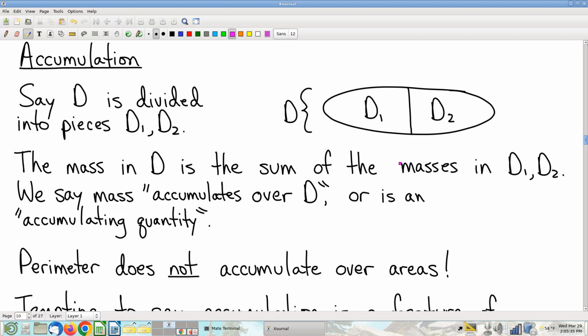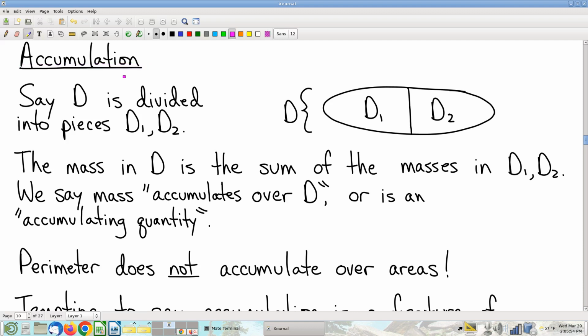I just haven't used this particular word, but it's the idea of what I like to call accumulation. And this is the whole is the sum of the parts. And like I say, it's an old idea. In some sense, every integral we've ever done in this class is an argument about an accumulating quantity.